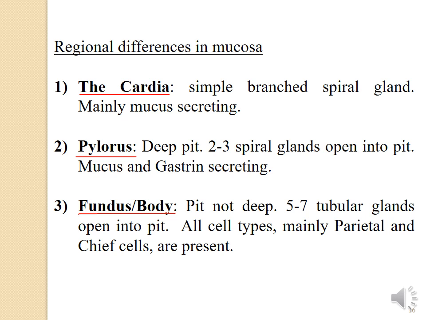So just in case some acid passes in this region, it is neutralized by the mucus found here in both these regions, the cardia and the pylorus. So again, in the cardia and the pylorus, we have excessive mucus secretion to neutralize the acid, protecting the esophagus and the duodenum.